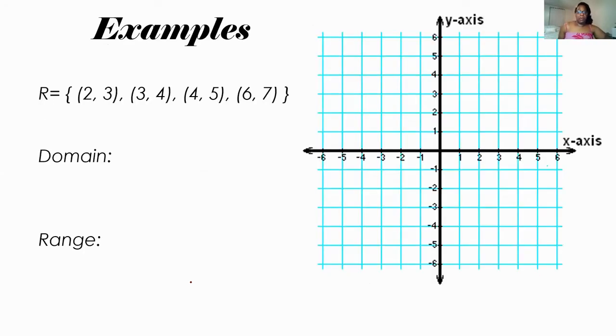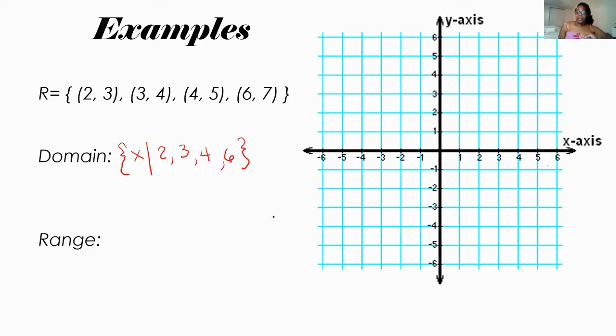So let's get with an example. So we have a set of ordered pairs. We have (2, 3), (3, 4), (4, 5), (6, 7), okay? They're all part of the set named R. So if I needed to list out my domain, I'm going to list out my domain as a set. So I have the set of X such that, and I list all my X values. So my X values always come first. So it has 2, 3, 4, and 6.